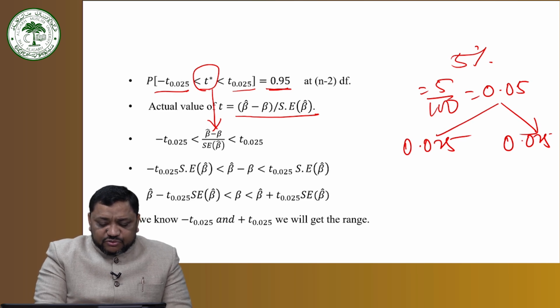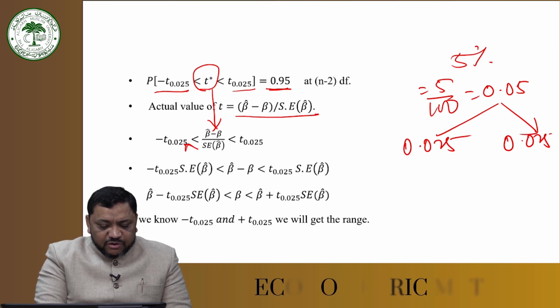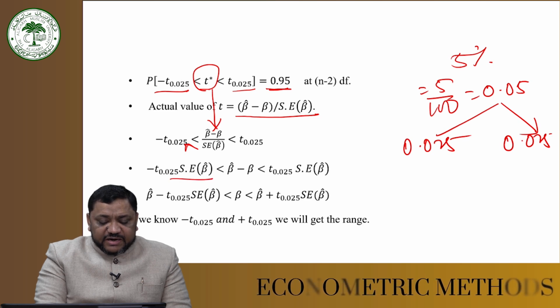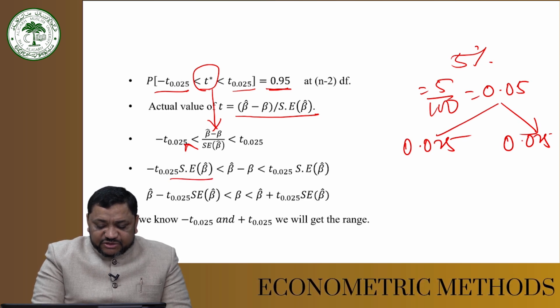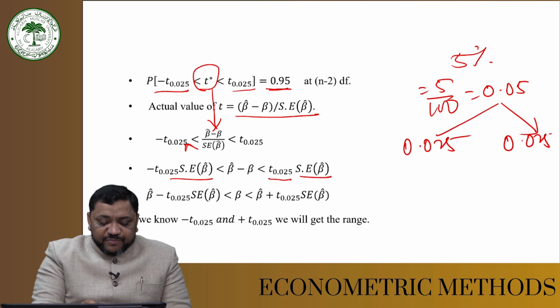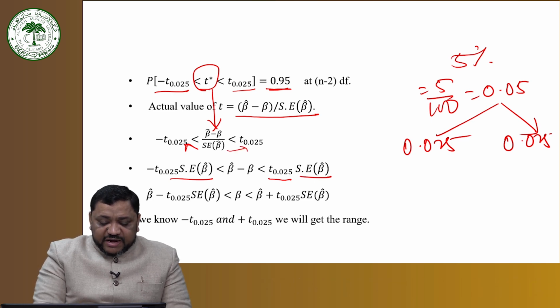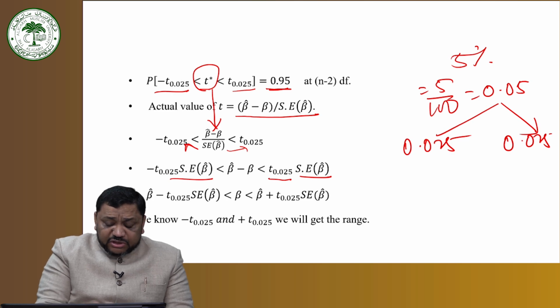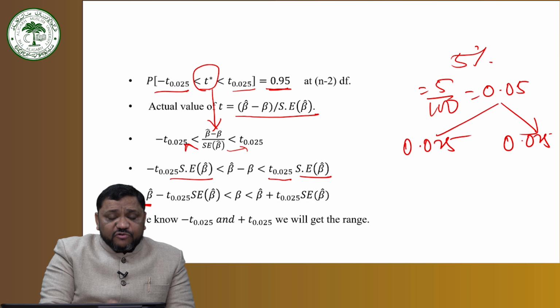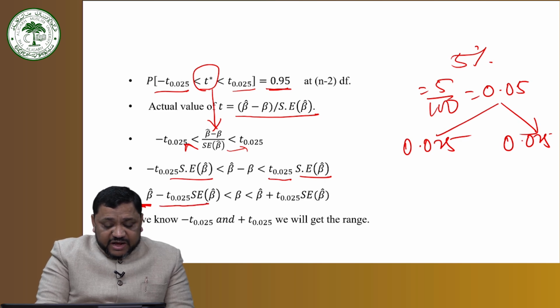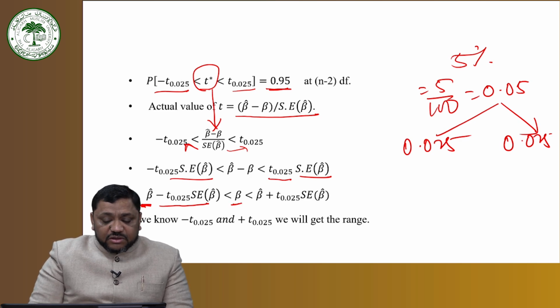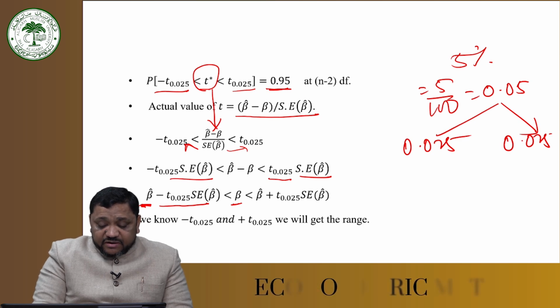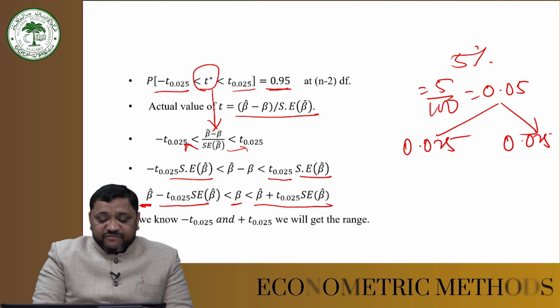Now we just do algebraic manipulation. We take the standard error over here, so minus t at 0.025 times the standard error of beta hat is less than beta hat minus beta, which is less than t at 0.025 times the standard error of beta hat. Now we can rearrange this and write it as: the confidence interval will be the estimated value of beta hat minus t at 0.025 multiplied by the standard error of beta hat, which is less than the actual beta, and this is less than beta hat plus t at 0.025 multiplied by the standard error of beta hat.